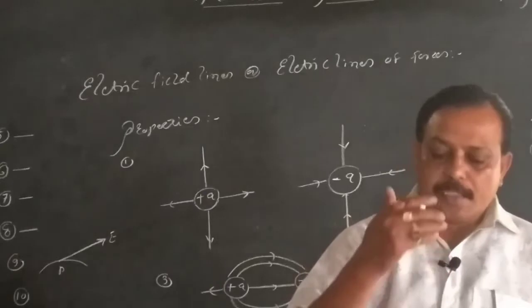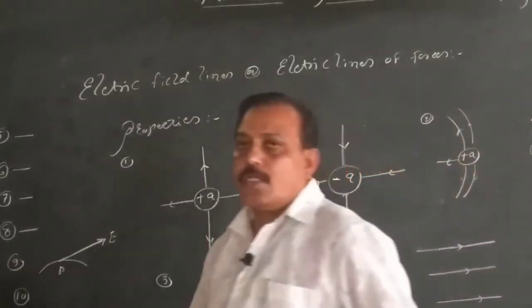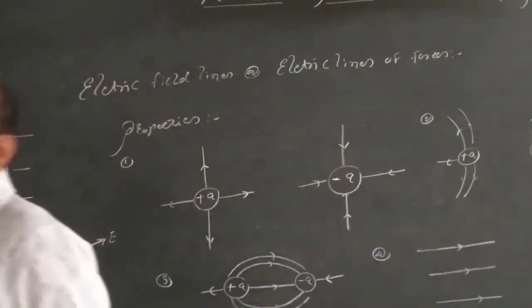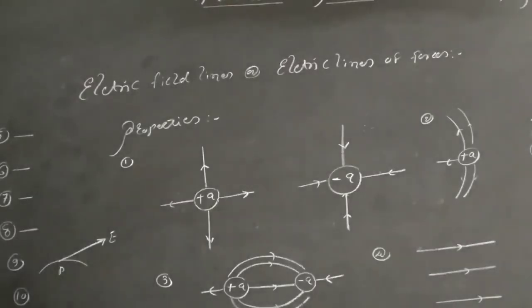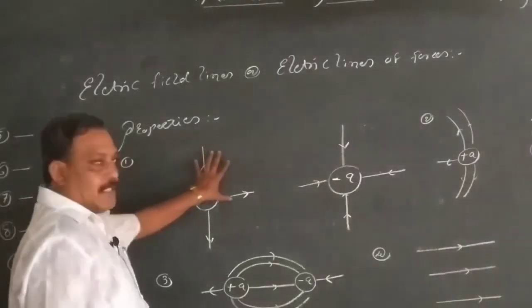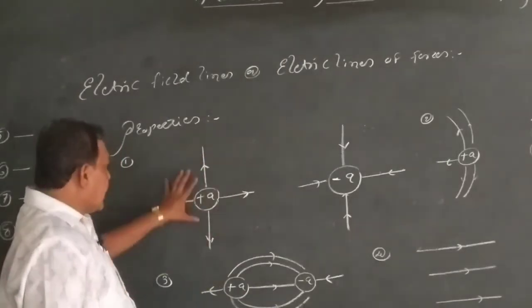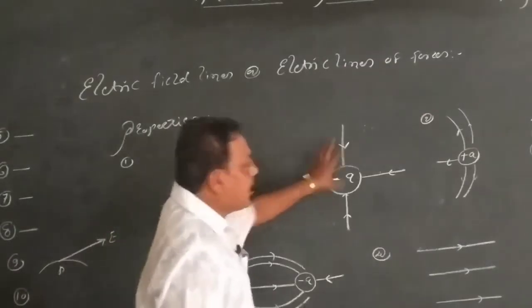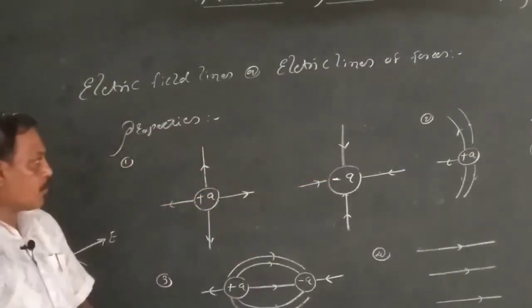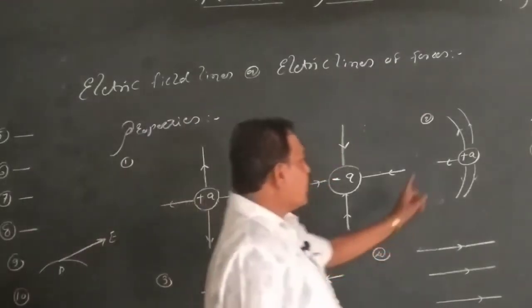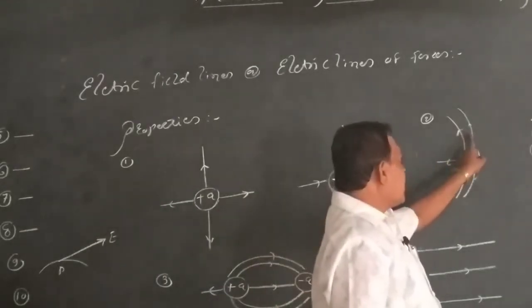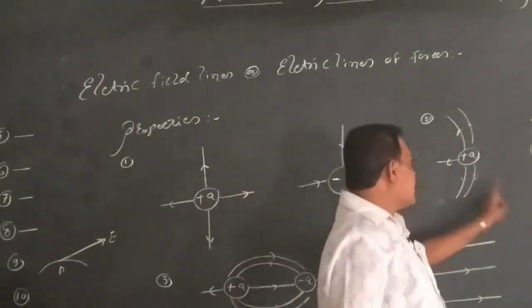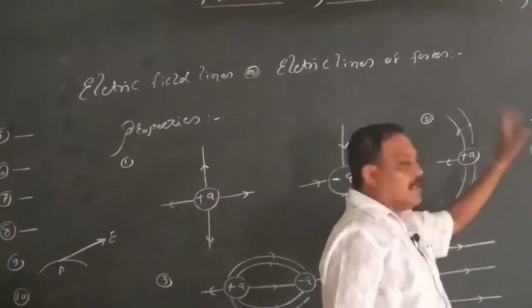Now these are the important properties of electric lines of forces. Just by seeing the figure, we can have four properties without memorization. First property, the electric lines of forces originate from positive charge and terminate on negative charge. Second property, the electric lines of forces exert lateral pressure on each other, which represents that like charges repel.